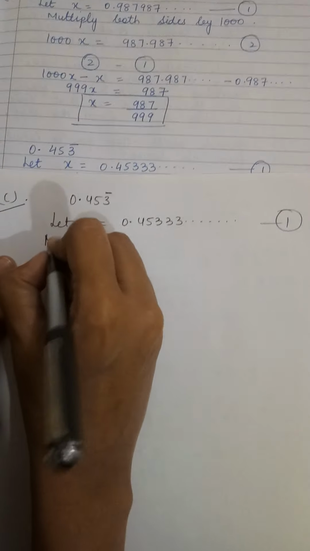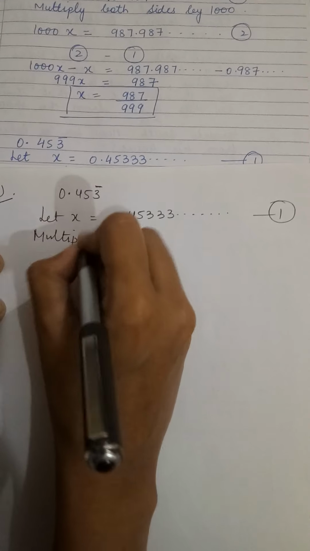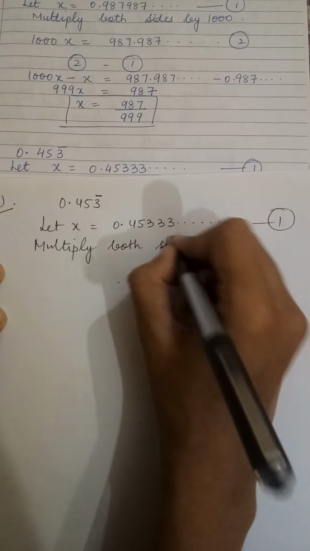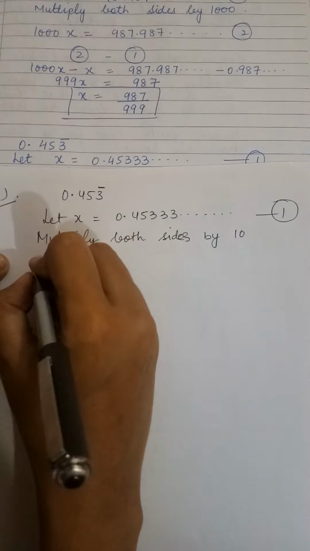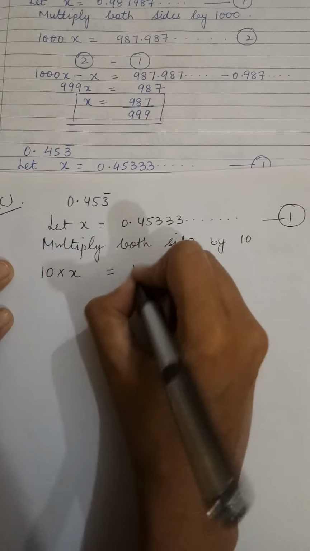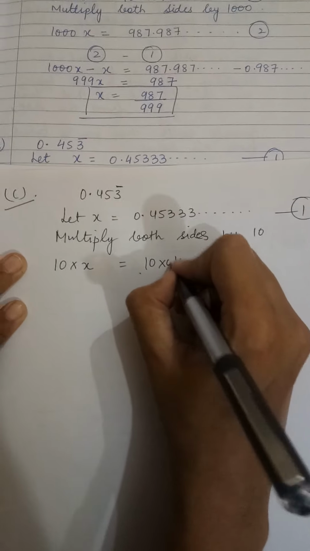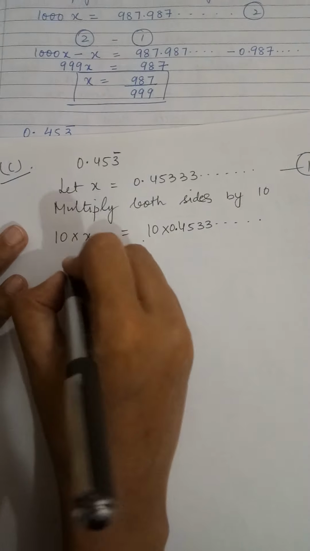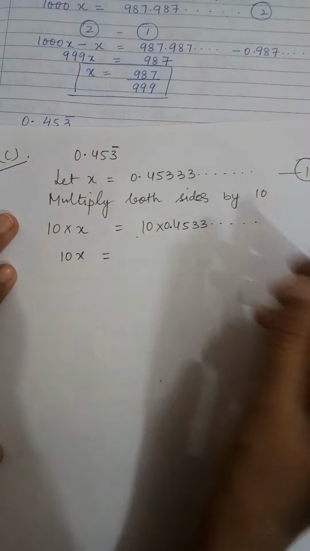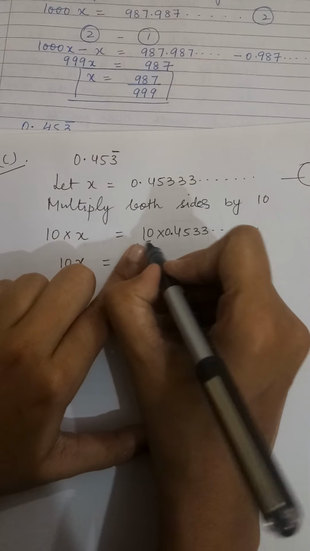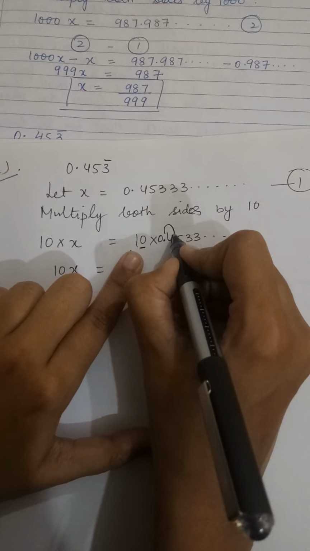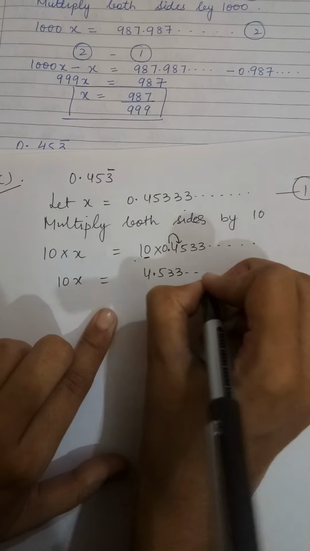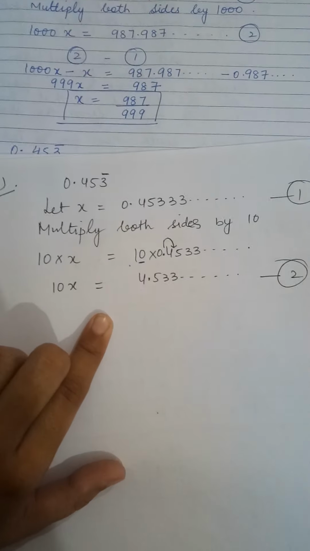So multiply both sides by 10. 10 into x equals 10 into 0.45333 and so on, right? This is going to be 10x equals 4.5333 and so on, where the 0 shifts one place ahead, and this is equation number 2.